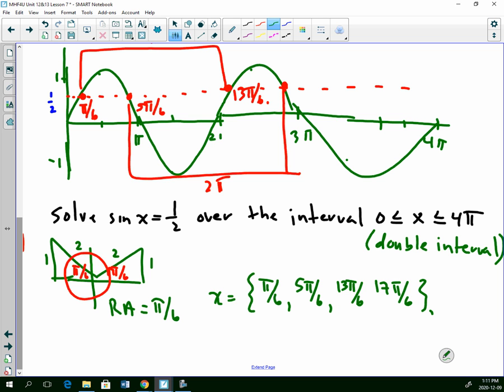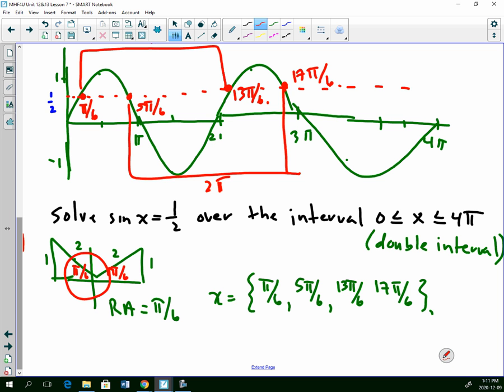So again, if you're doing it on the quadrant, you're going all the way around, then back to 5 pi over 6. So you're adding 2 pi because it's going to repeat. It's periodic. So those are my 4 answers: pi over 6, 5 pi over 6, 13 pi over 6, and 17 pi over 6.